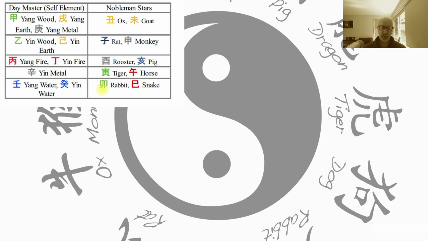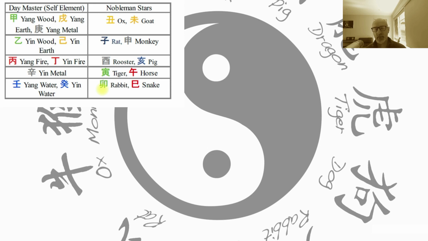So, what does it mean? What's the accuracy of this kind of thing to have in your chart? Well, I think what it comes down to in Chinese astrology is whether the element of your Nobleman Star is favorable or unfavorable. That's one thing to really take into account, because it's one thing to know these things and see these in a chart, but are they going to work in your favor?